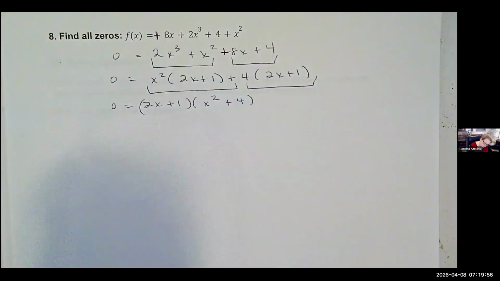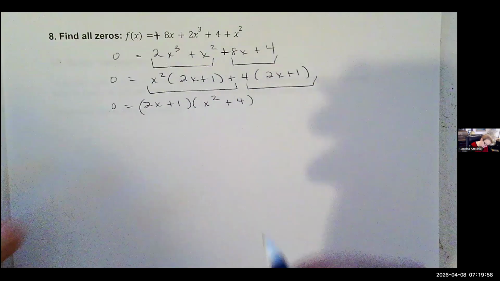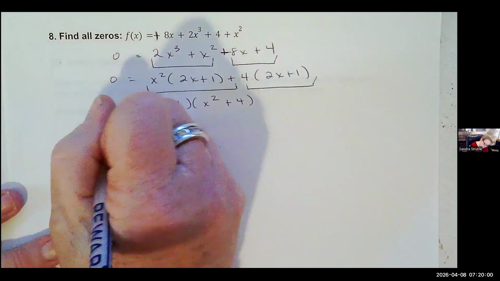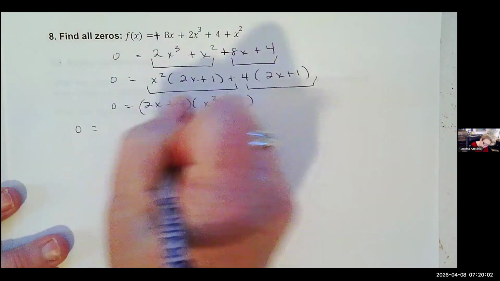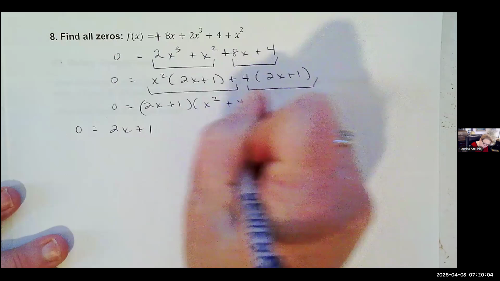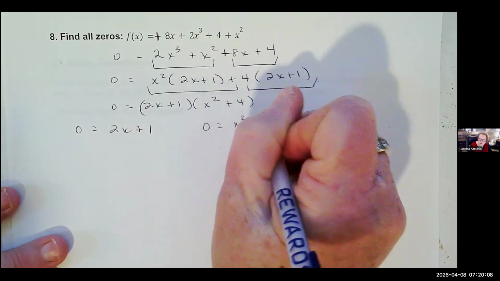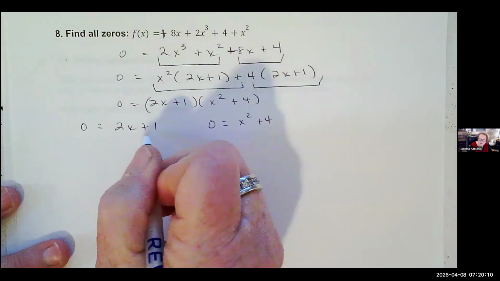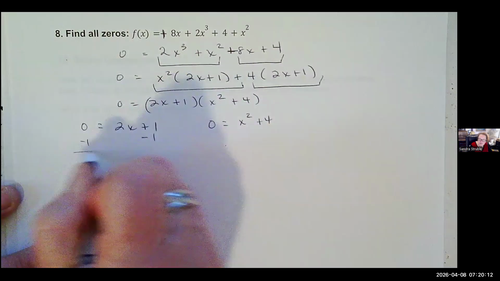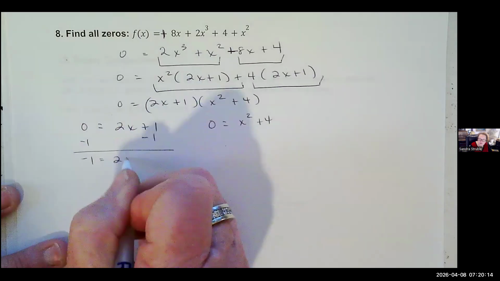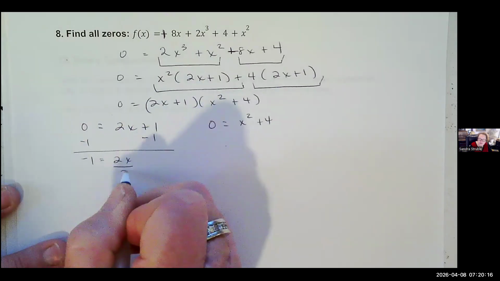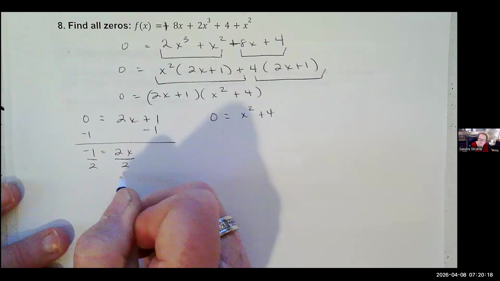We can solve for it, but we can't factor it in the same method. Set each of these binomials equal to 0 and solve for x. The first one, we're just going to subtract 1 from both sides. 2 is attached to x by multiplication. We're going to divide both sides by 2. So our first zero is negative 1/2.